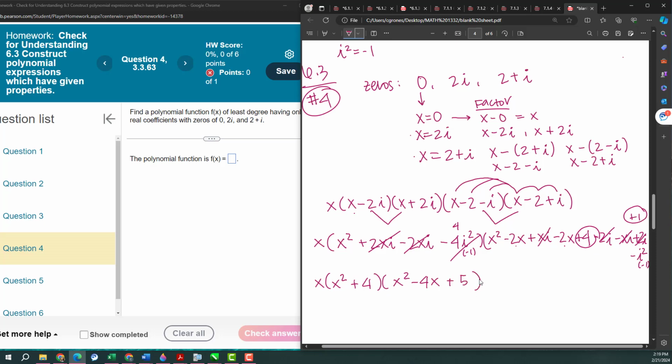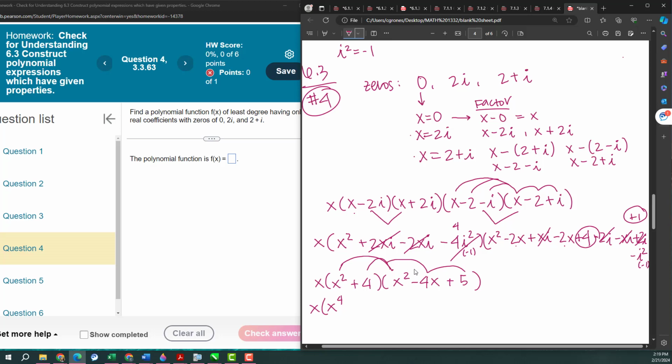Okay, I'm not done. I still need to continue multiplying these out. So I'm going to multiply these two. Distributing again, x squared would multiply each of these 3 terms, and then our 4 would go through and multiply those 3 terms. So remember our x squared times x squared gives us x to the 4th.